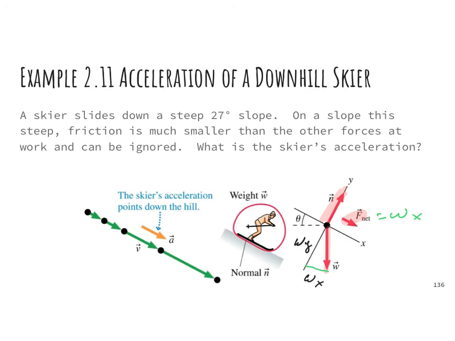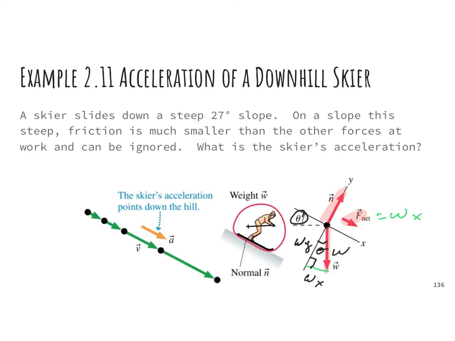And probably not the best drawn here, but this is my right angle right here. That's my weight, and we said that this angle right here is equal and opposite to this angle over here. So in here I have my right angle, I have the actual angle right here, and the x component is opposite.